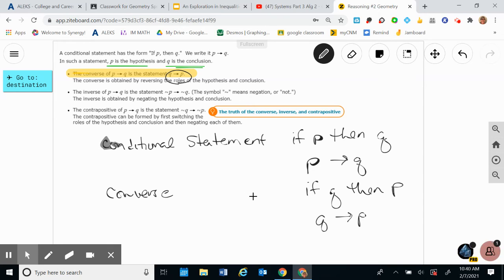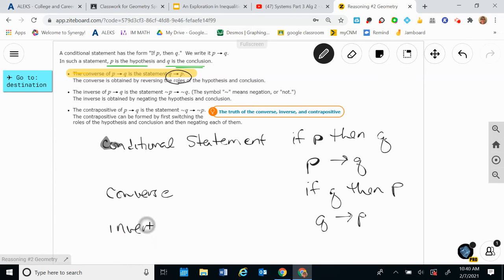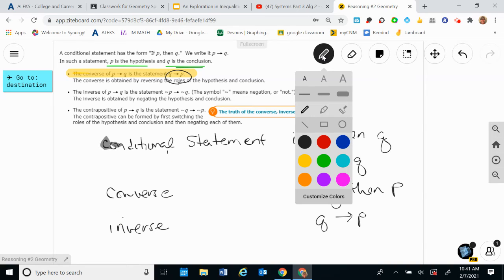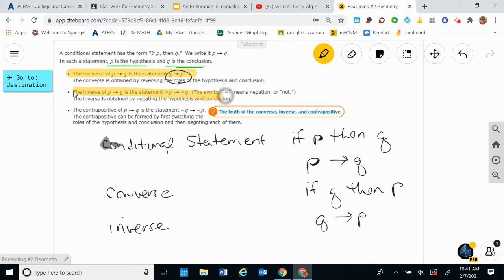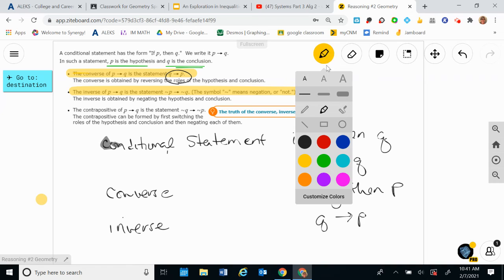Okay, then they have something called the inverse. Take a look right here. You just need to copy this chunk down because it's something you have to learn. And you actually don't even have to learn it. You can write it down in your notes and have it for your exercises.